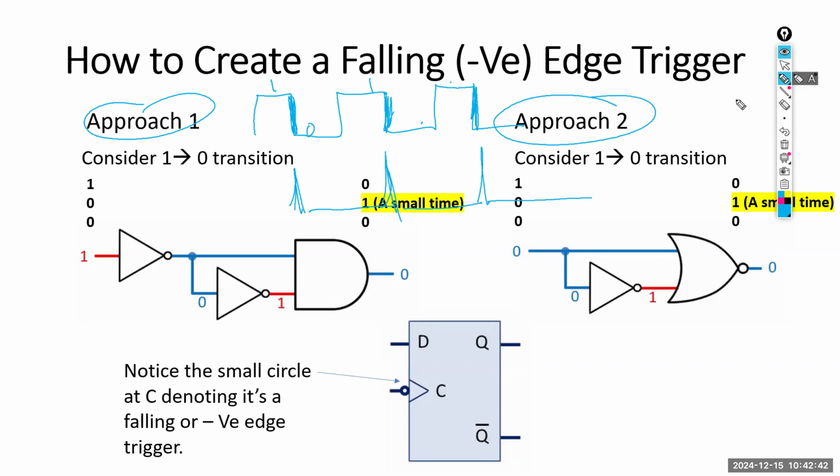Okay. So let's start with 1, because when you go from 1 to 0, there should be a spike. Let's say initially my value is 1. The input is 1, so this is 1. This is 1 means this is 0 because it's a NOT gate.